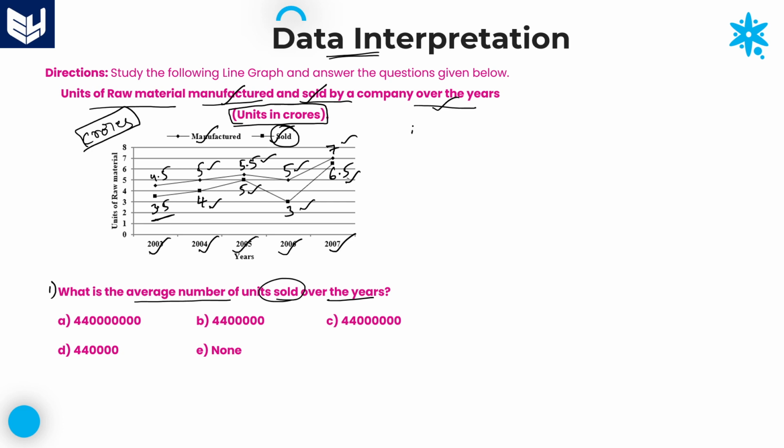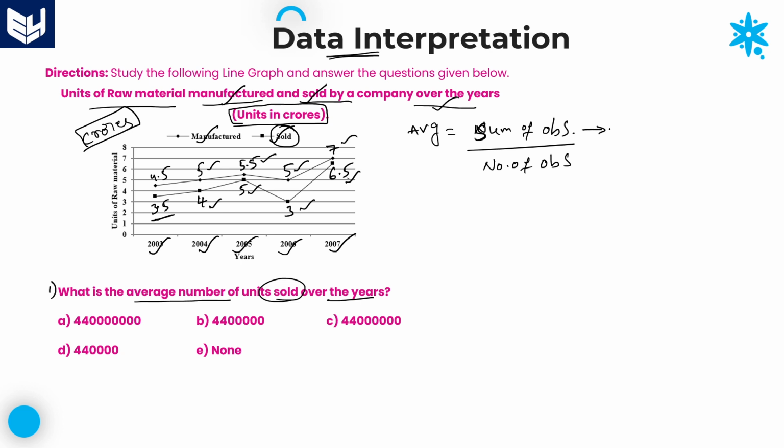So as we all know, average is equal to, basically how can we calculate average, which is nothing but sum of observations divided by number of observations. In this way we need to calculate the average, right?